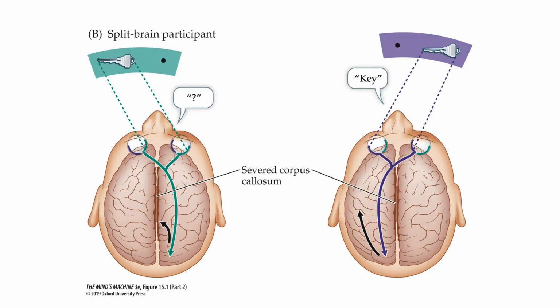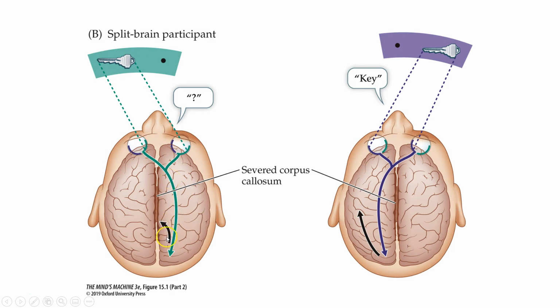In a split brain patient, someone who'd undergone the cutting of the corpus callosum, if, again, they're looking straight ahead and the key is presented in their left visual field, that information is processed by their right hemisphere. They know they've seen this key. And if you ask them, what did you see?